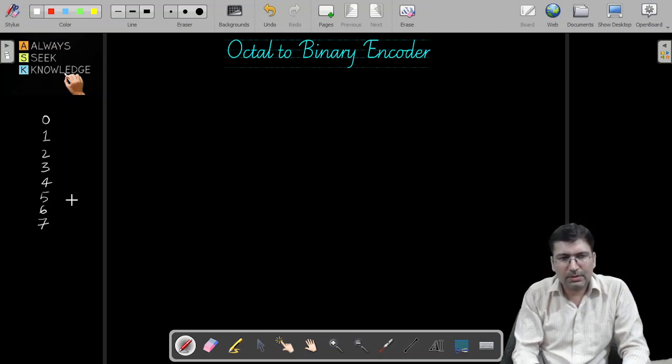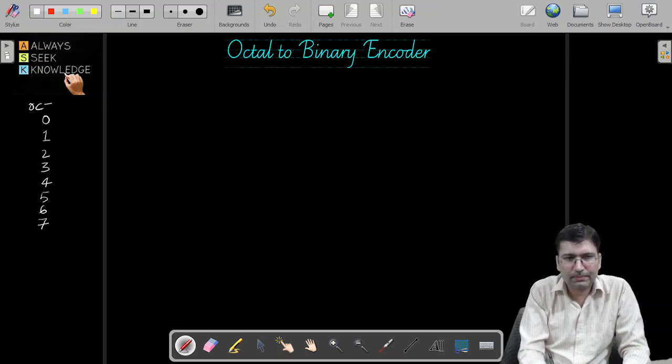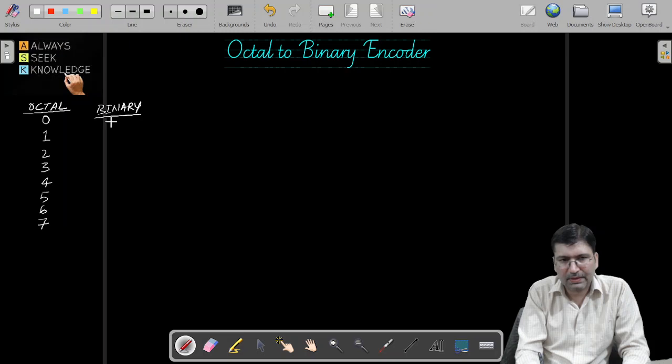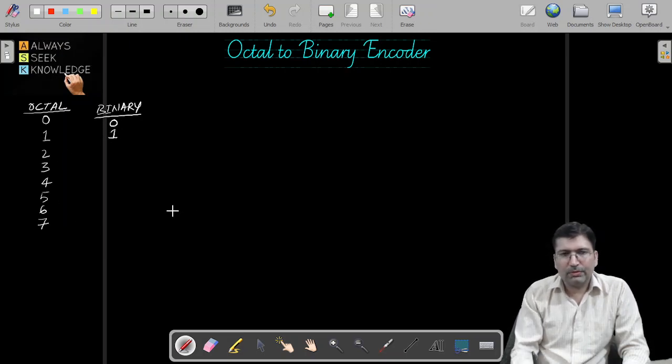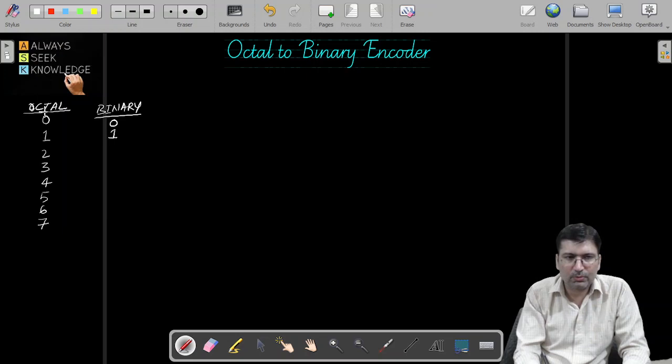So this is the octal system, and in binary we have only 2 symbols, that is 0 and 1. When we generate an encoder from octal to binary, we try to convert these numbers into binary.